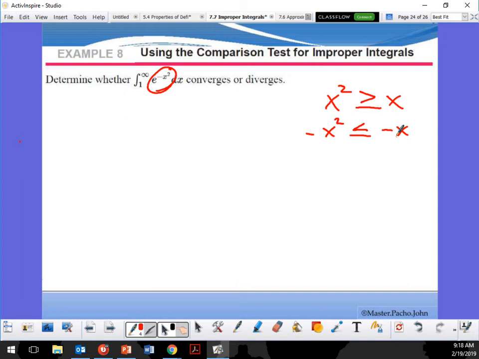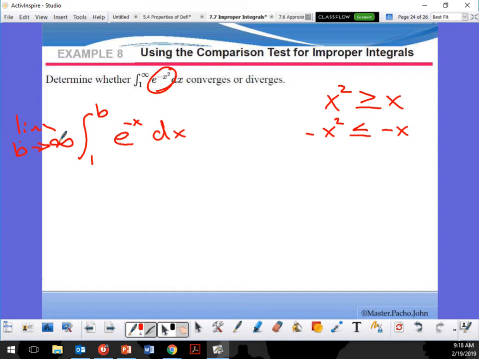So I'm replacing it with this. Now I have the integral from 1 to b of e to the negative x dx, and I'm taking the limit as b goes to infinity. Did I totally screw up everyone right now? Hopefully not. So we're just checking this to see.